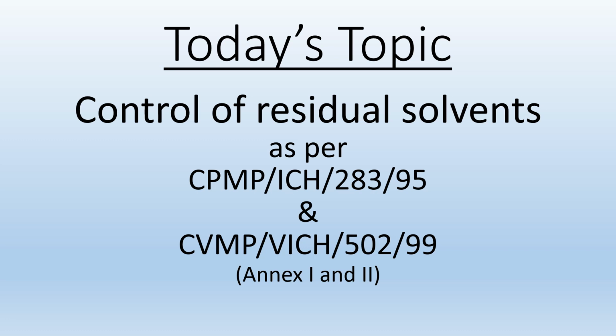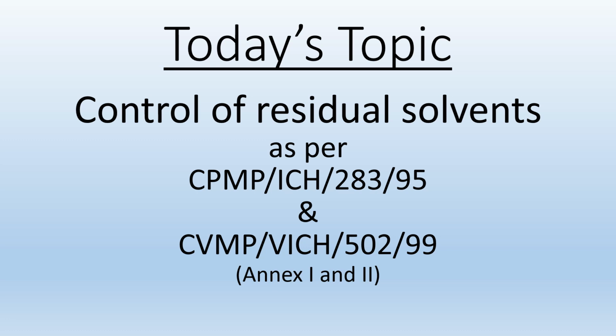There are different strategies for screening class 1, class 2 and class 3 solvents. USP chapter 467 on residual solvents provides various analytical methods suitable for each type of residual solvents. The individual list for each class is also provided in the chapter.